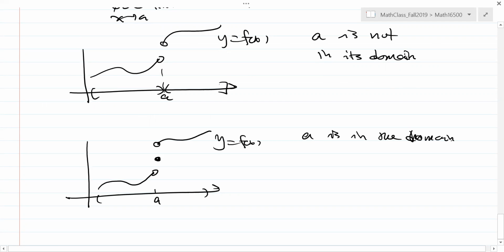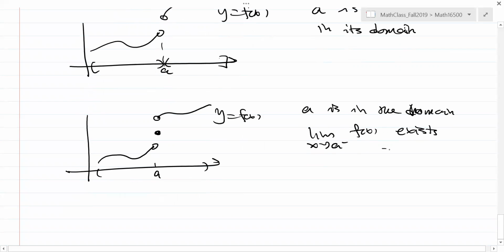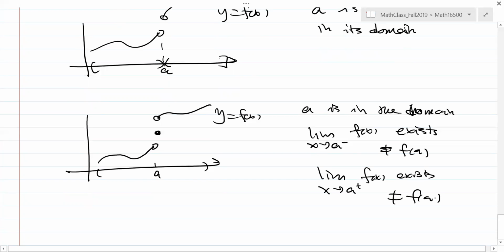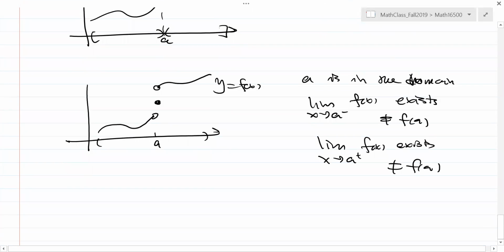So you can talk about continuity of the function at point A. The limit as x approaches A from the left-hand side exists, but it's not going to be the value. The same is true for the right side; this one also exists, but is not equal to the value. Therefore, the function is not continuous, it's discontinuous.